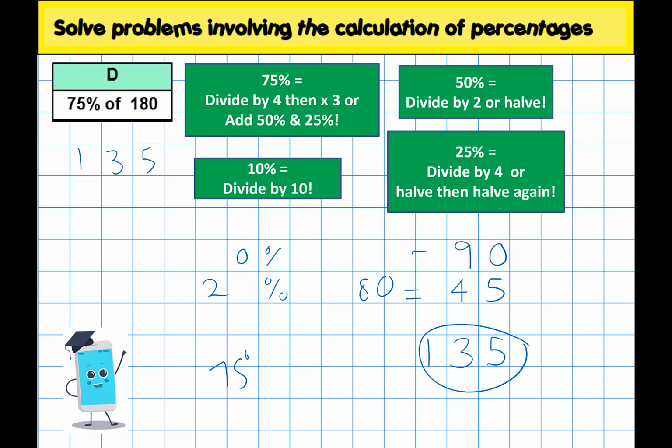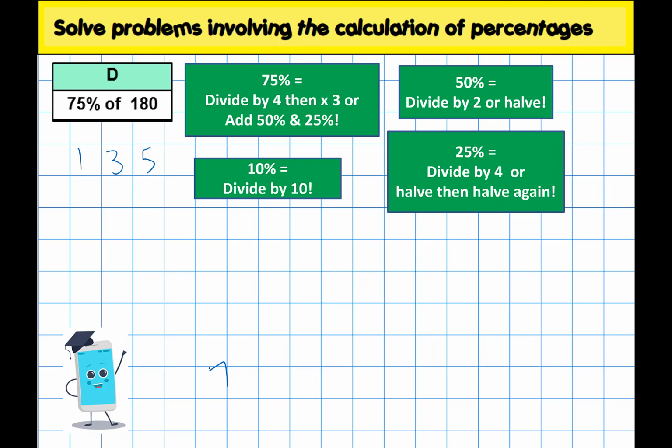Or I could find 10%. 10% of 180 is 18. So 70% of 180, I need to multiply that.